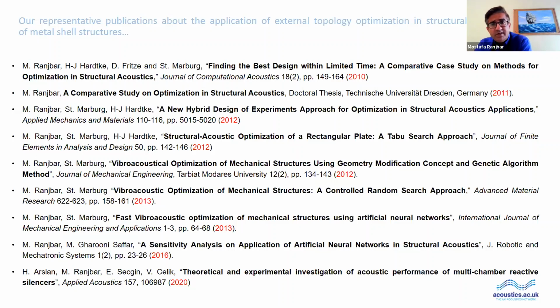I had some master's students when I was working in Cyprus, and we also worked on the sensitivity analysis of our application of artificial neural networks in structural acoustics. Finally, the last publication was about the theoretical and experimental investigation of the acoustic performance of multi-chamber reactive silencers.